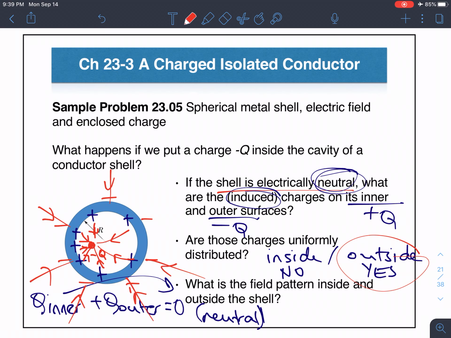They're really kind of straight lines and evenly spaced out. So inside the cavity, electric field lines are non-uniform, and go from the inner positive surface charges to the negative charge put in the cavity. That's the direction of the electric field. Outside, since we have negative net charge when you look at the whole thing, the field lines are going to go in.